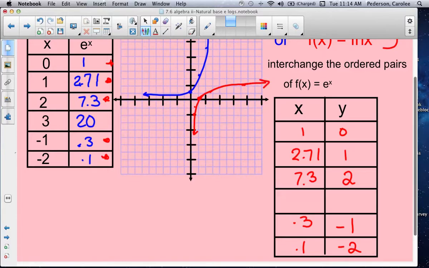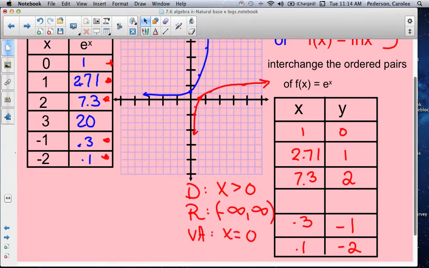It has a domain of numbers greater than 0. It has a range of all real numbers. And now it has a vertical asymptote at x equals 0. So here's what the asymptote would look like, right along here. And that's how you graph the inverse function.